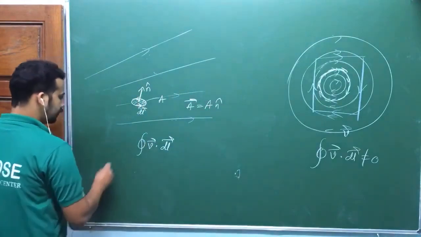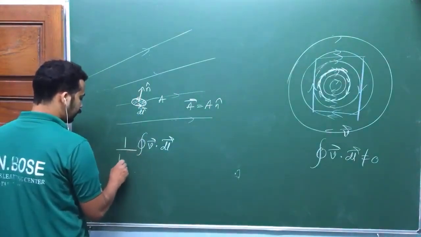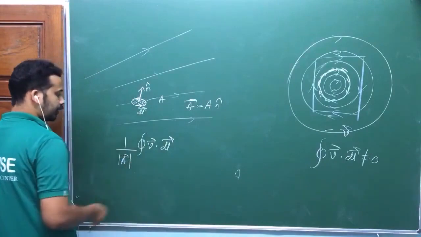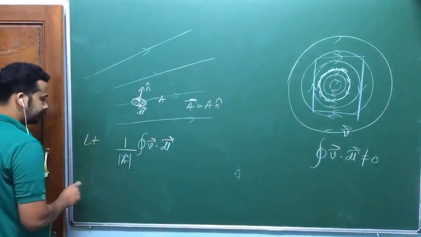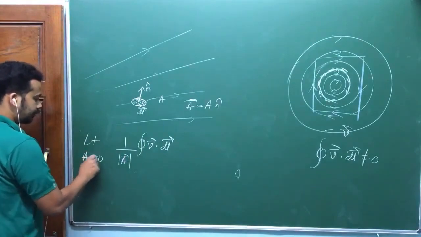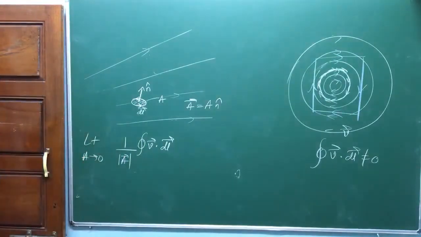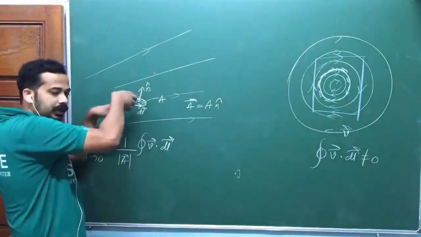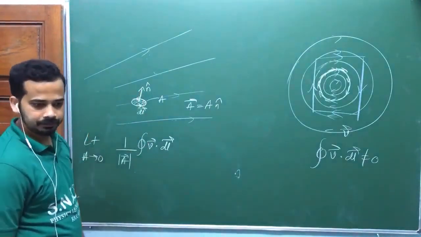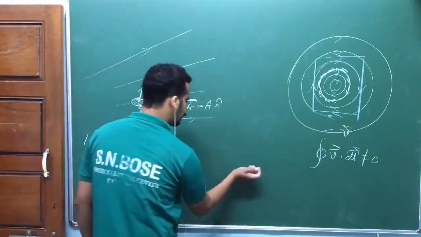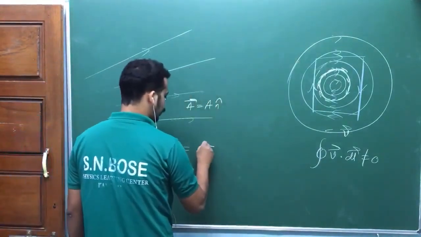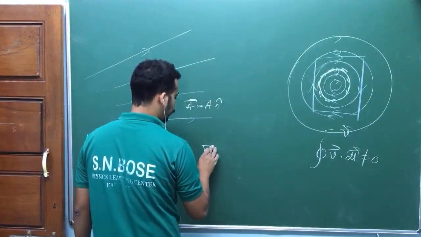Then I'm going to divide by the magnitude of the area vector, or area, and I'll put limit area tends to 0. That means I will make it as small as possible. Then that is equal to, look at here, curl of a vector field.